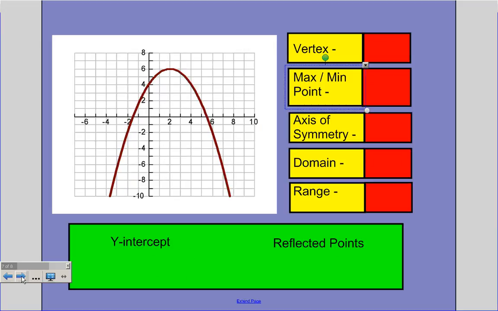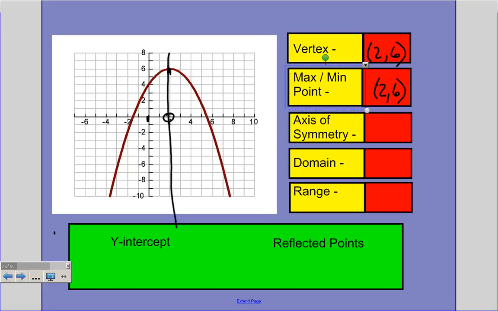Our next example, we have one. Now this time it's not right on the y-axis, so it's a little bit different. We have a vertex which is going to be right there at 2, 6. That is also going to be our max min point. Our axis of symmetry is no longer 0, it's here. This is the line.